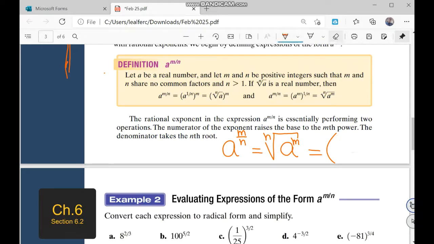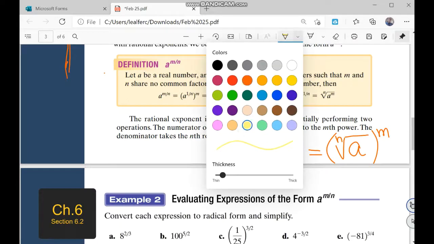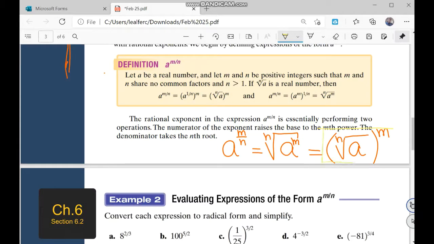Let me just rewrite because it's really important. The nth root of a exponent m. That is the definition that you're going to use, that you can apply to solve the quiz today, that you have to understand. Can you see this?